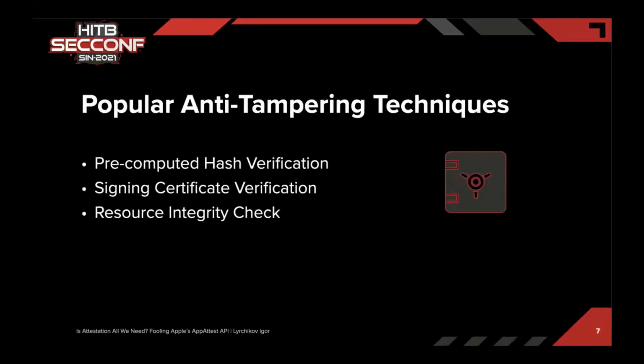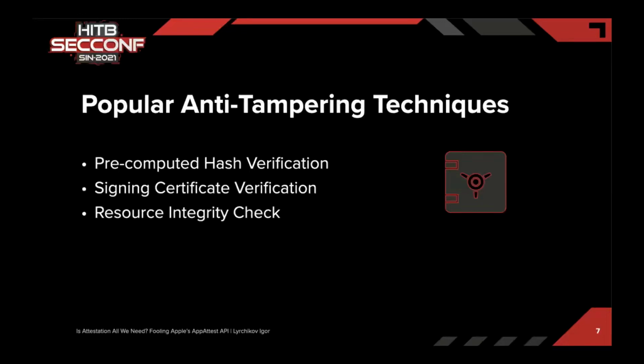Now I want to quickly name currently known and popular protection methods against tampering, which are always implemented on the client side. The first one is the signature check, the most trivial one. It checks the signer's certificate, and this approach could help you detect modification applied to the original app once it's been resigned. The second one is code integrity verification.